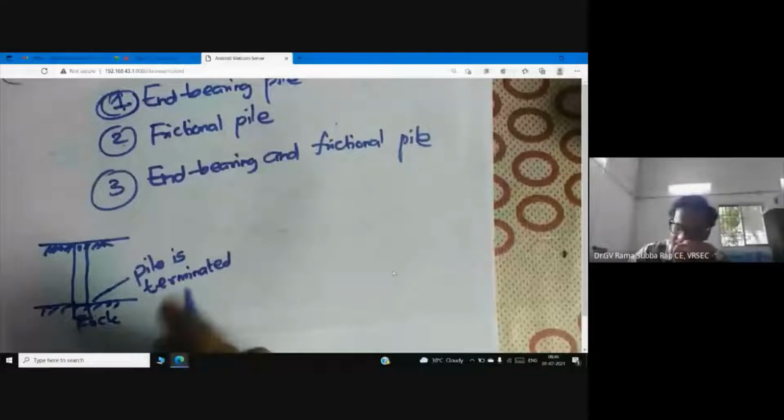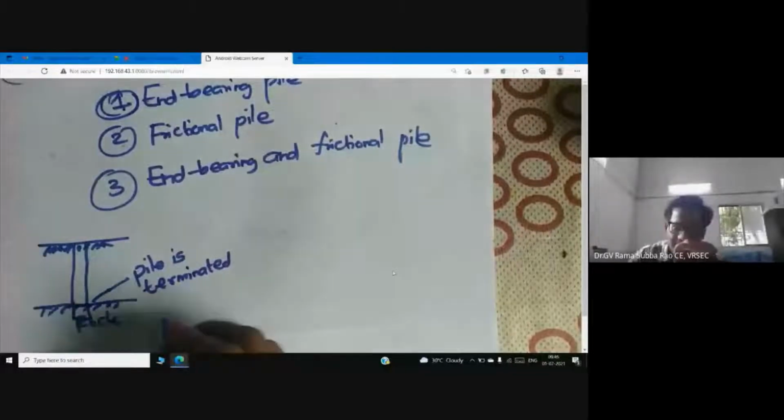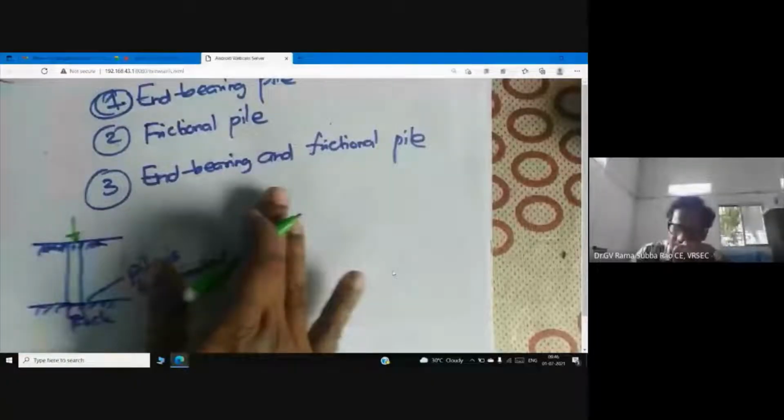What happened here, you see, the entire load coming from the superstructure is now transferred through rock. So here the component of skin friction is very less.